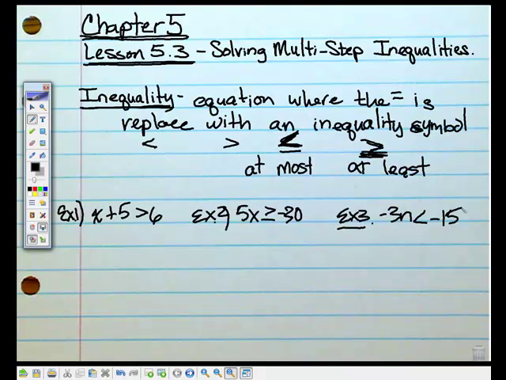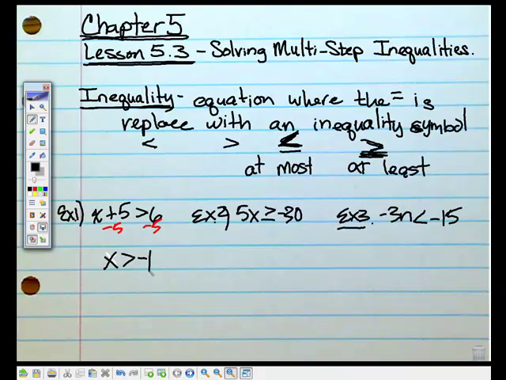Okay, we solve these the same way we would solve equations, where we want to try to get the letter by itself. So to do that, we got to get rid of adding 5. We would show minus 5 minus 5, and the result of that would be that we have x is greater than 6 minus 5, which is negative 1.